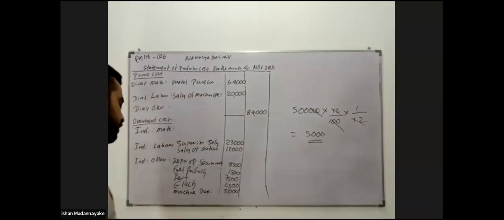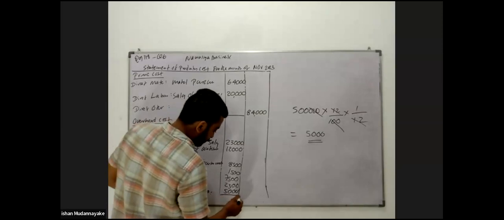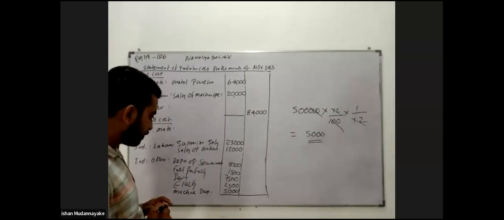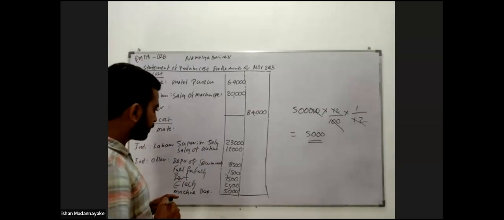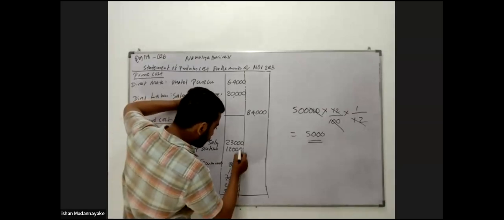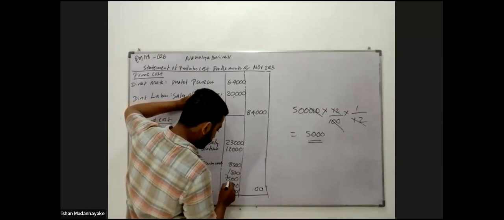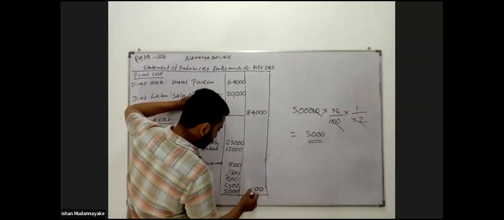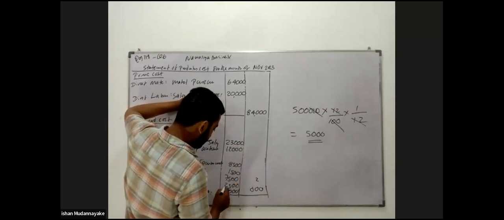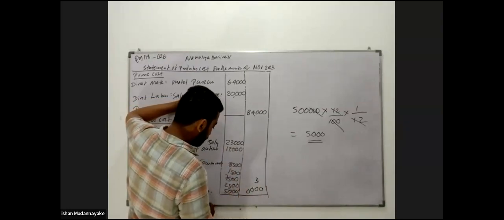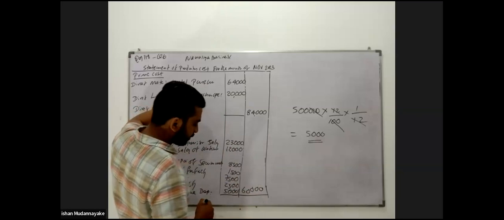Total indirect cost, how much? Is it 60,000?